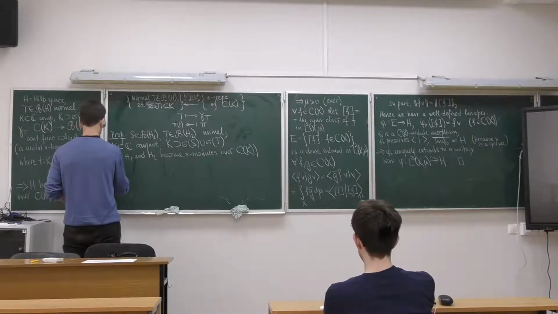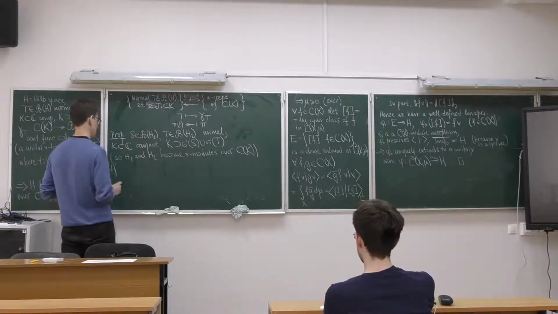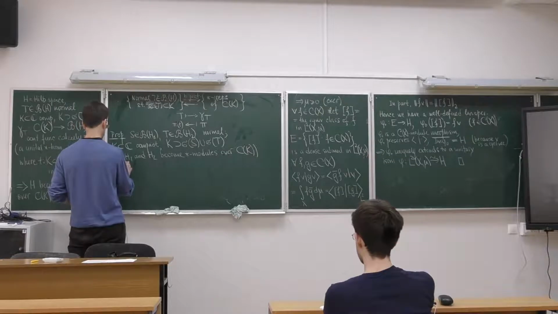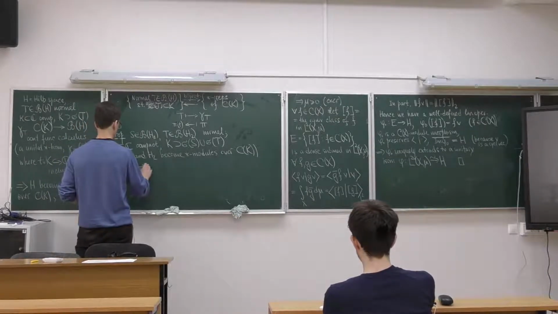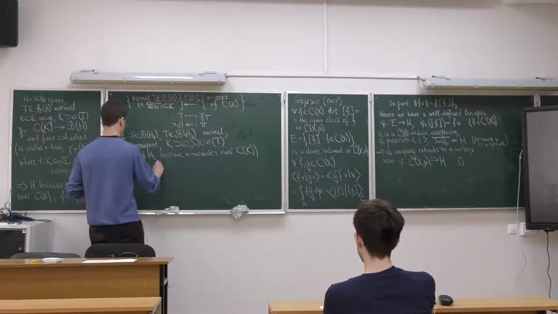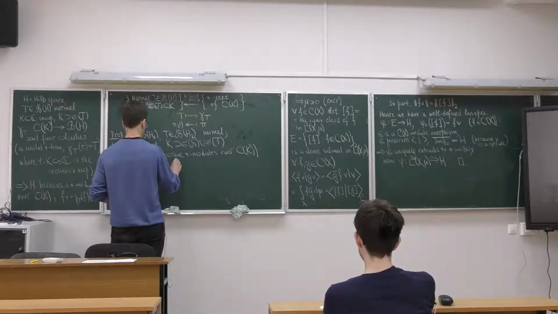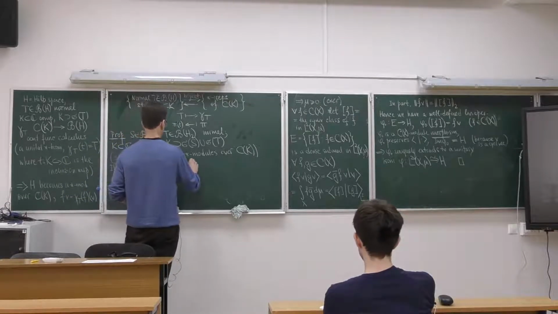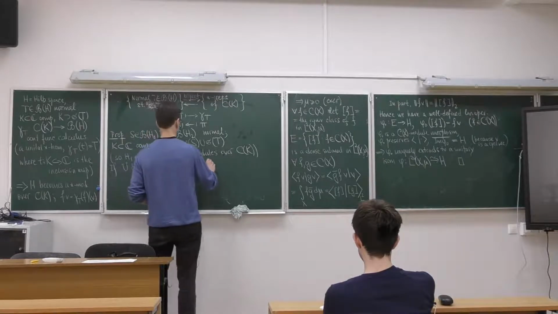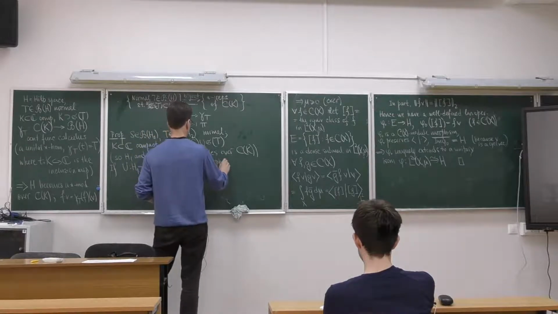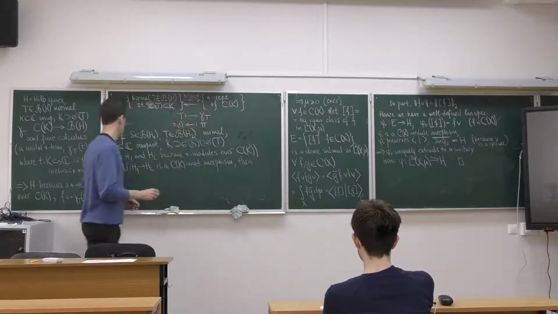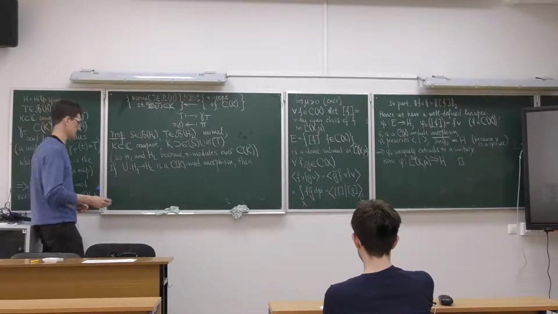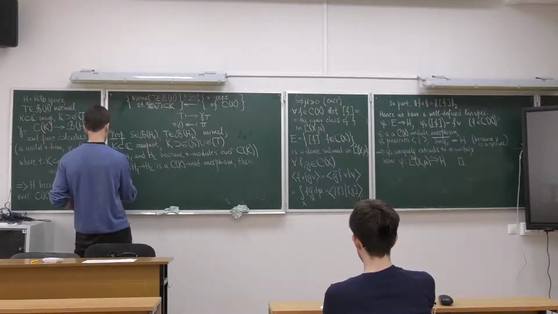So I claim that if we have a morphism, say U, from H1 to H2 which is a C of K module morphism, then this operator U intertwines S and T in the following sense.